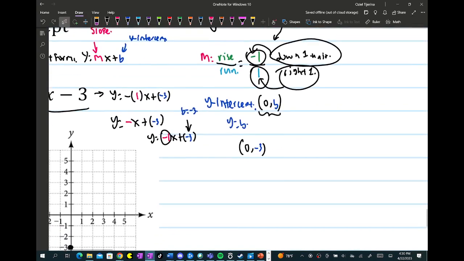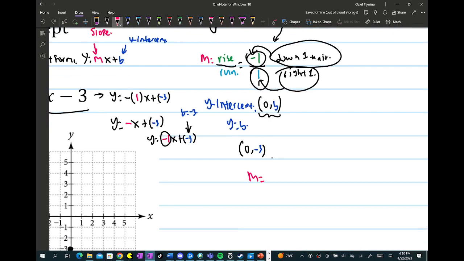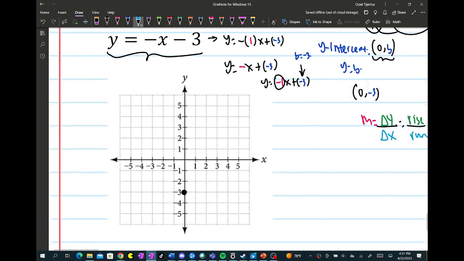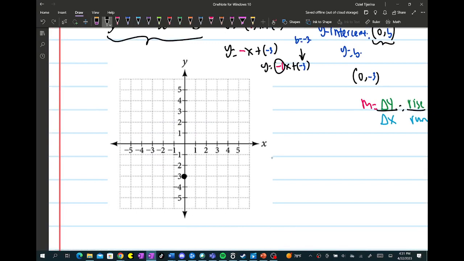Again, slope is the change in y over the change in x. I'm just writing all these things down again so that we understand what I'm talking about. And again, it's rise over run.